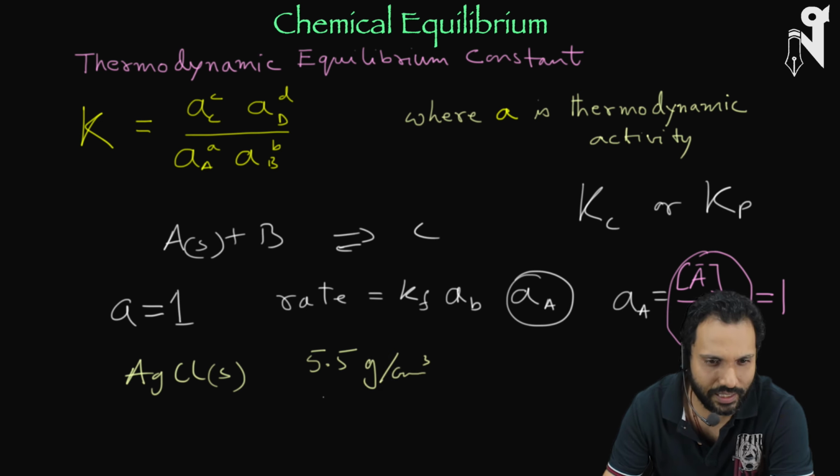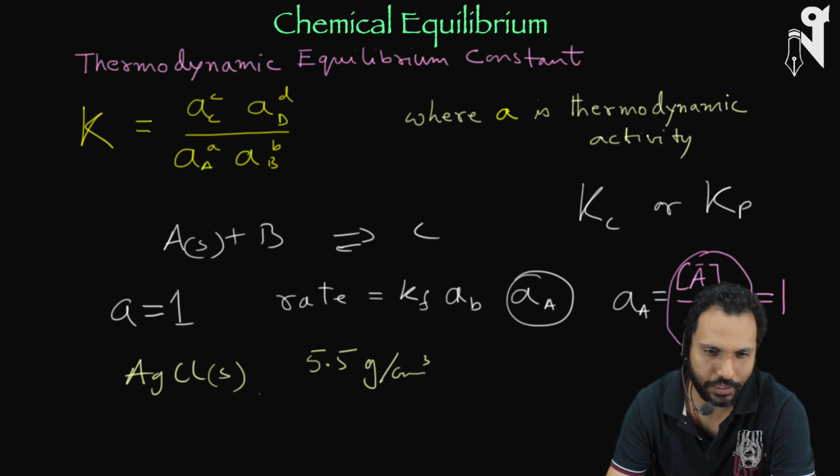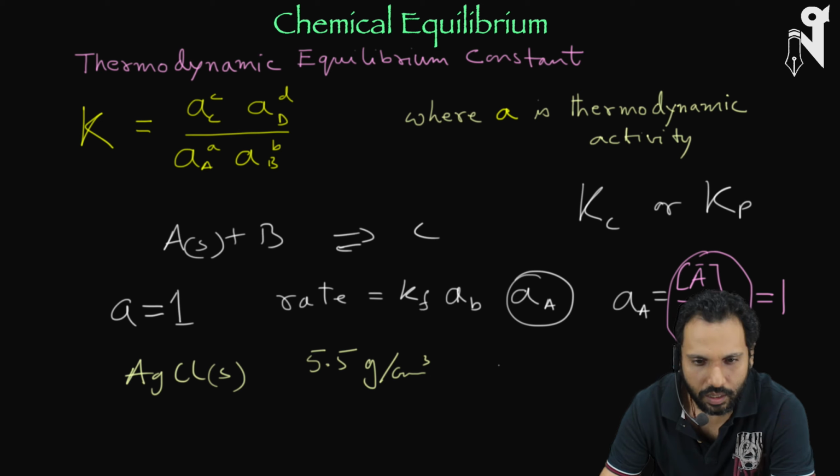So that's the density of AgCl. AgCl has a molar weight of say 143. So if I have to get the moles of AgCl per centimeter cube, it would be 5.5 divided by 143, so many moles of AgCl per centimeter cube.